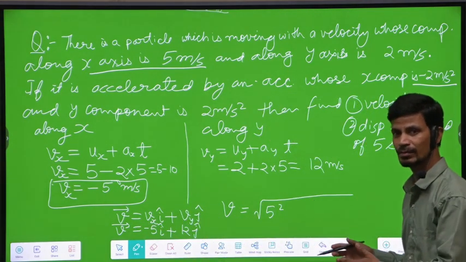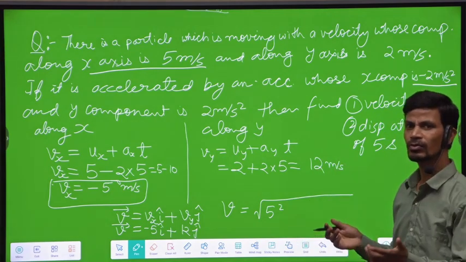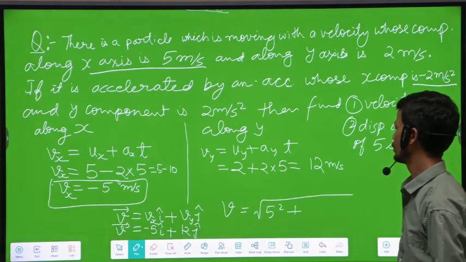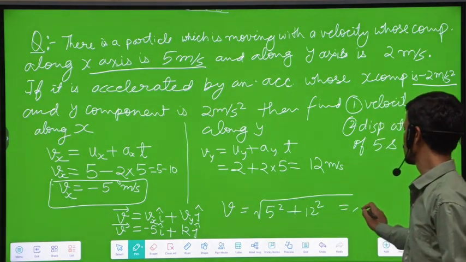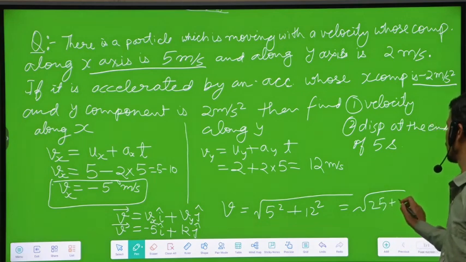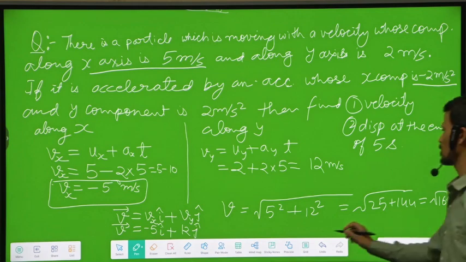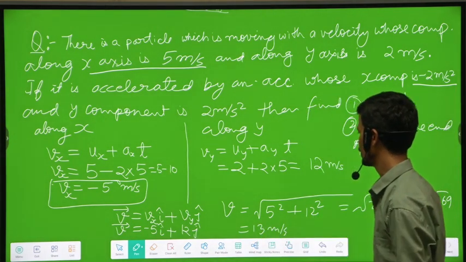If it is minus, there will be square of minus also, so no need to put that negative sign while measuring the magnitude. And this is 25 plus 144, which is 169, which is 13 meter per second.